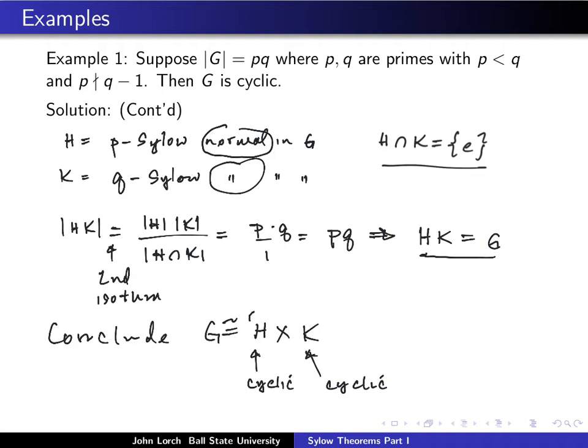So that means that together, the direct product group must also be cyclic. So that's the ball game right there. We have shown that G, which is isomorphic to the direct product of H and K, must be cyclic.